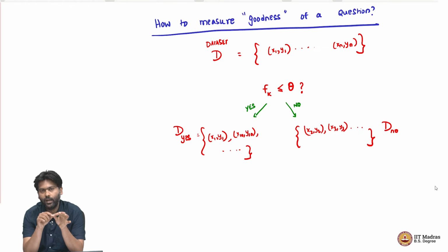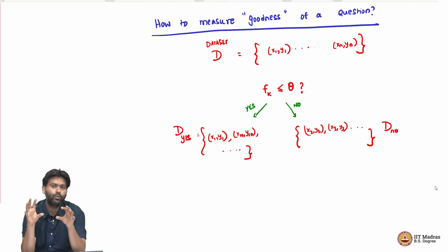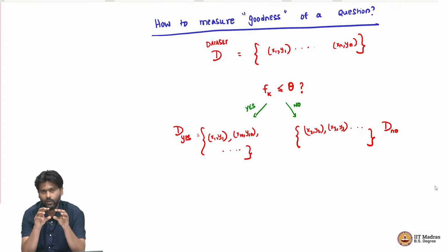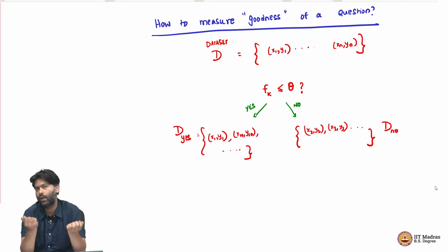Well, in my training data, if I ask this question, if height is less than 180 centimeters, and I observe that every data point which answers yes has the corresponding label +1, and every data point that answers no has the label -1, or the other way around, every data point that answers yes has the label -1, and every data point that answers no has the label +1, then I know that this is a super good question, because by asking the single question, I am able to distinguish the +1s from the -1s. Everybody who answered yes has the same label, and everybody who answers no has the same label.